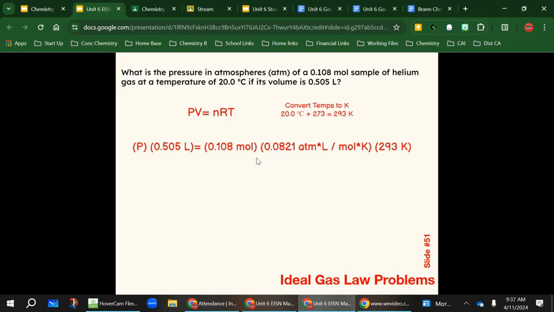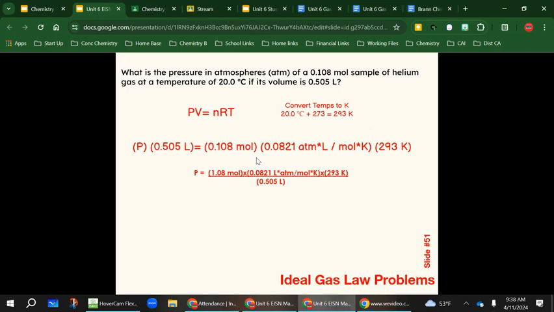Which means when I'm done, what unit will my pressure be in? Atmosphere. Thank you. And here's your temperature in Kelvin. Now, what are this Kelvin and this Kelvin going to do? Cancel. What are this mole and this mole going to do? Cancel. And when I bring the liters over to the other side to isolate my variable, to get P alone, what happens to liters?